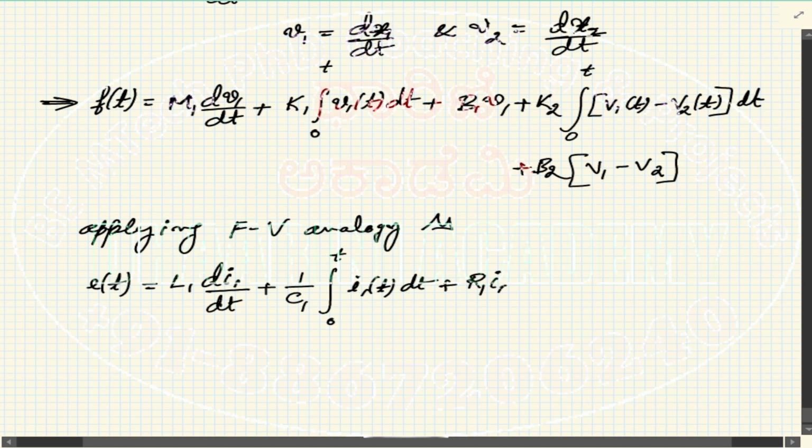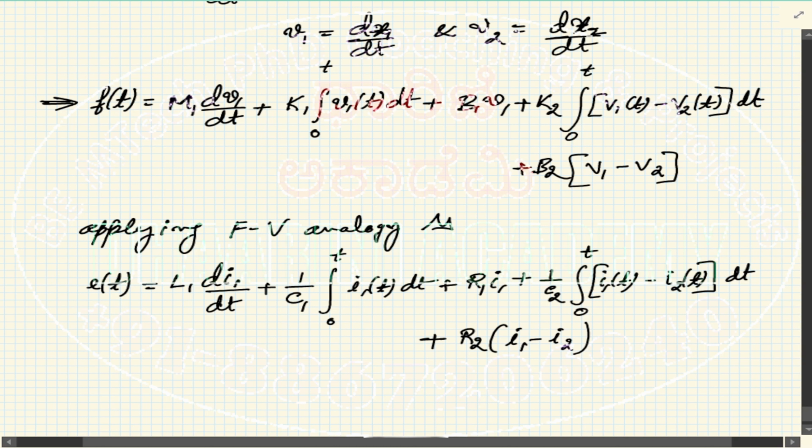Plus there is a K, so this is K2, meaning the second capacitor. So 1 by C2 integral from 0 to t of I1 of t minus I2 of t dt, plus this is B2, so that is R2 into I1 minus I2. Call this equation number 1.